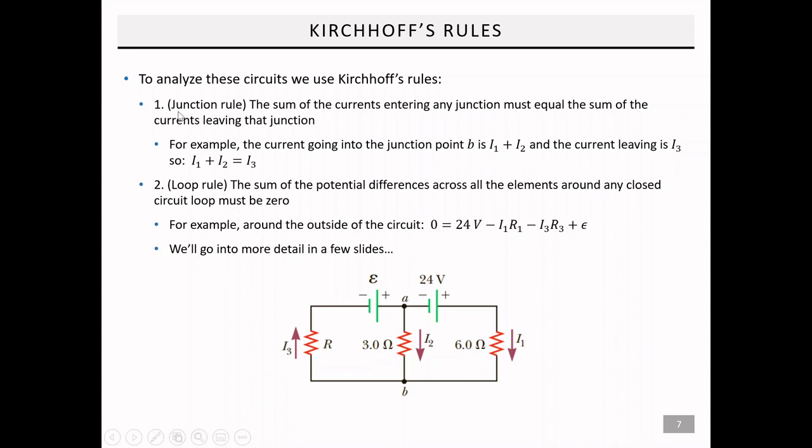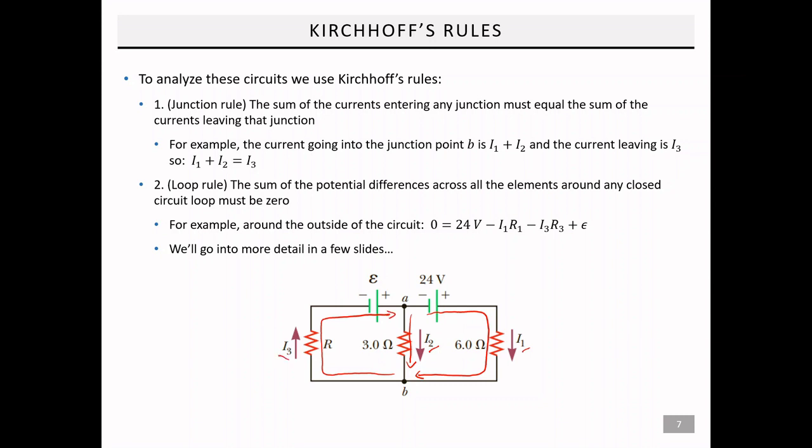The first one is called the junction rule. This says that the sum of the currents entering any junction must equal the sum of the currents leaving that junction. If you look at the circuit at the bottom, you'll see that we labeled the current traveling through the right branch as I1, the current traveling down the middle branch as I2, and the current in the leftmost branch as I3.